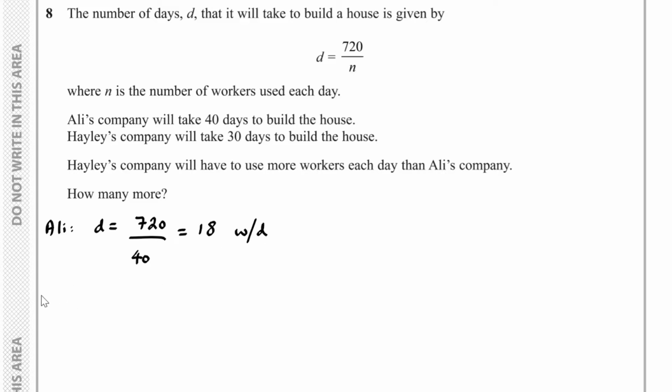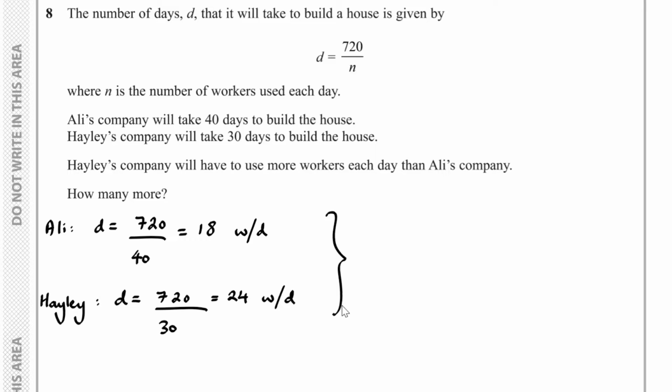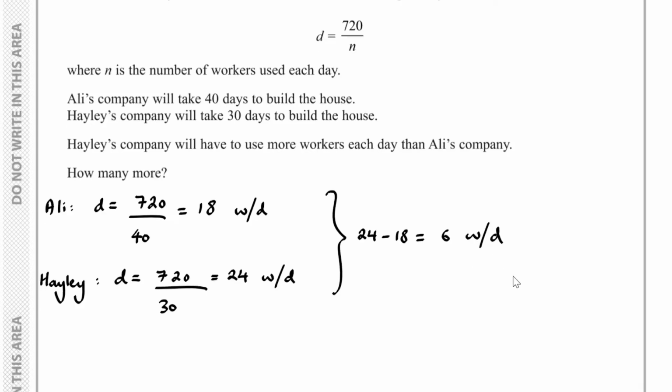And if we consider Haley, d is equal to 720 over 30, which is 24 workers per day. Therefore, the difference between these is what we need to work out. So 24 minus 18 is equal to 6. So we have 6 workers per day.